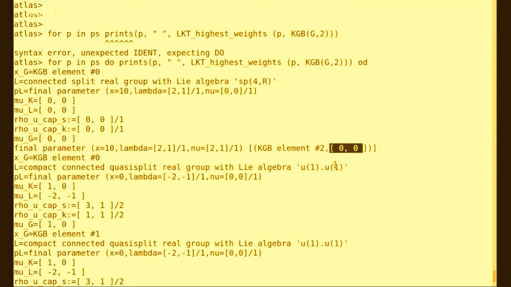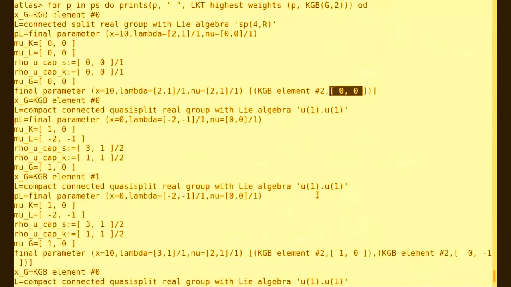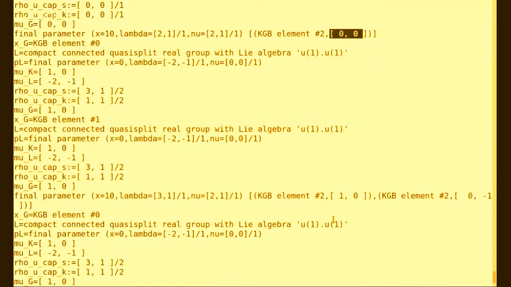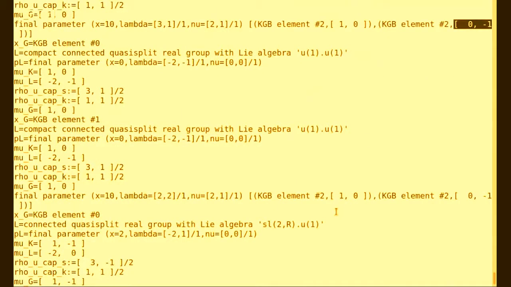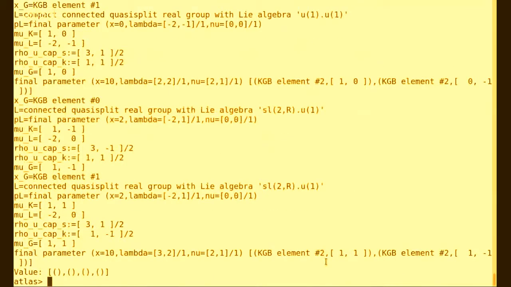This is the lowest K-type of this representation. It's 0. And the next one has two lowest K-types, which are (1, 0) and (0, -1). The next one also has (1, 0) and (0, -1). And then the last one has lowest K-types (1, 1) and (1, -1).